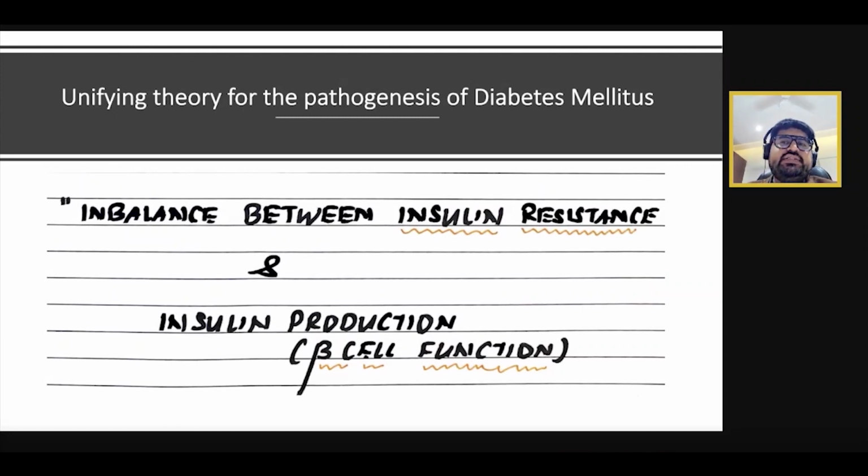Every other endocrine disease in clinical practice is an imbalance between hormone production and hormone action, and that is what ultimately defines any endocrine disease. Diabetes mellitus is an endocrine disease at the end of the day. So whatever holds true for hypothyroidism or for parathyroid or for testosterone also holds true for diabetes mellitus. The only thing is, the resistance part is relatively rare in other endocrine forms, whereas it is center stage to diabetes mellitus.